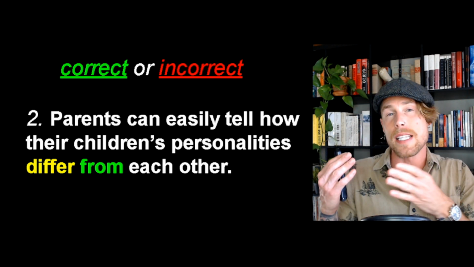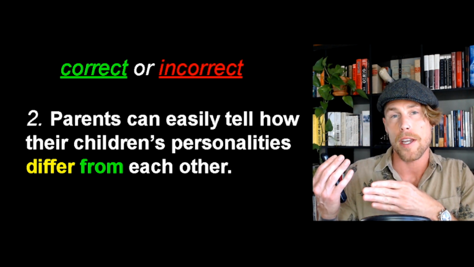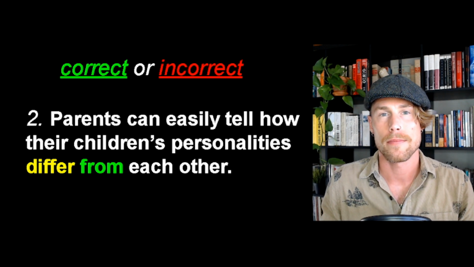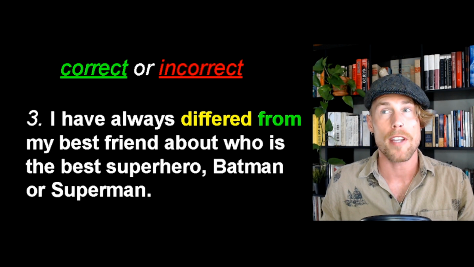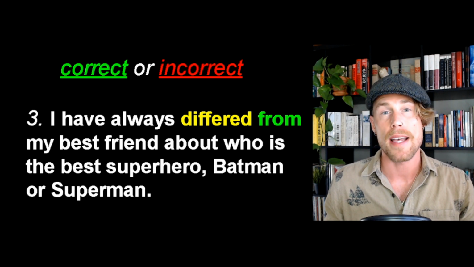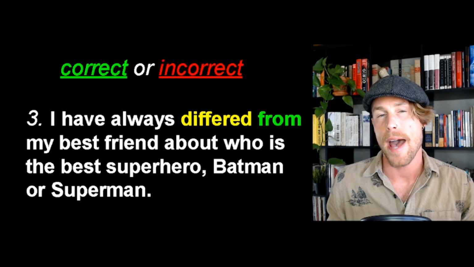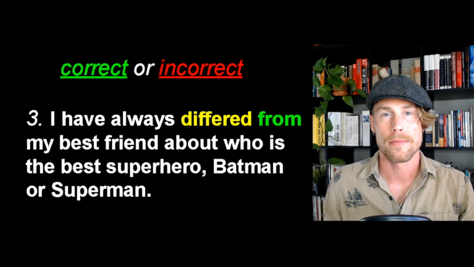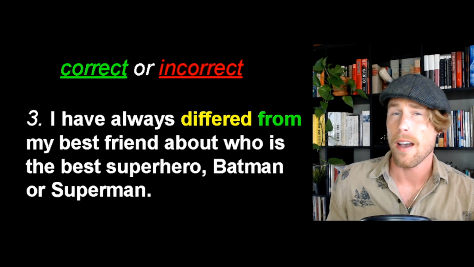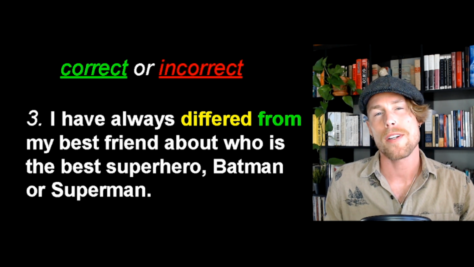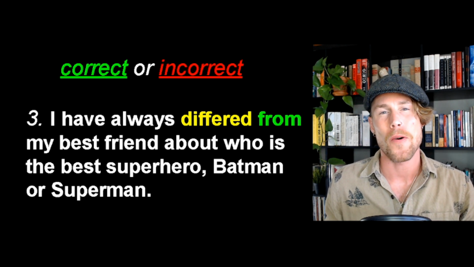Or do they disagree about something? Okay, number 3. I have always differed from my best friend about who is the best superhero, Batman or Superman. Obviously, Batman. But what do you think? Is it correct or incorrect?